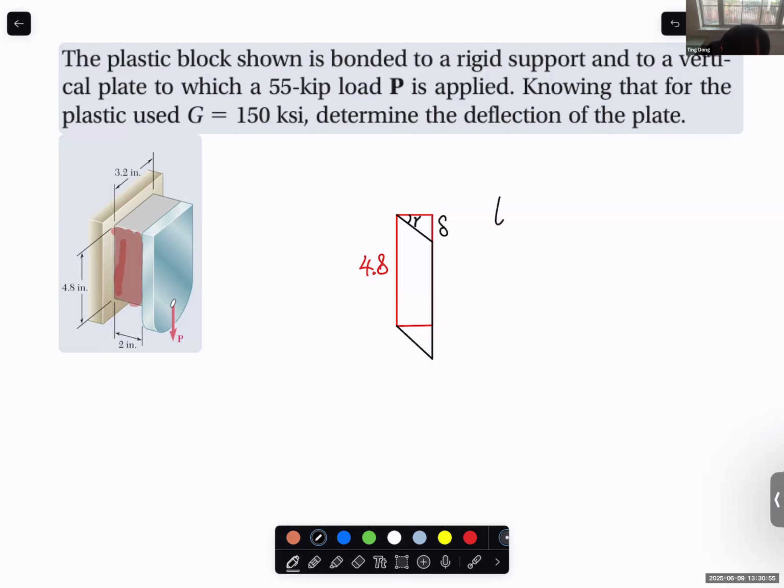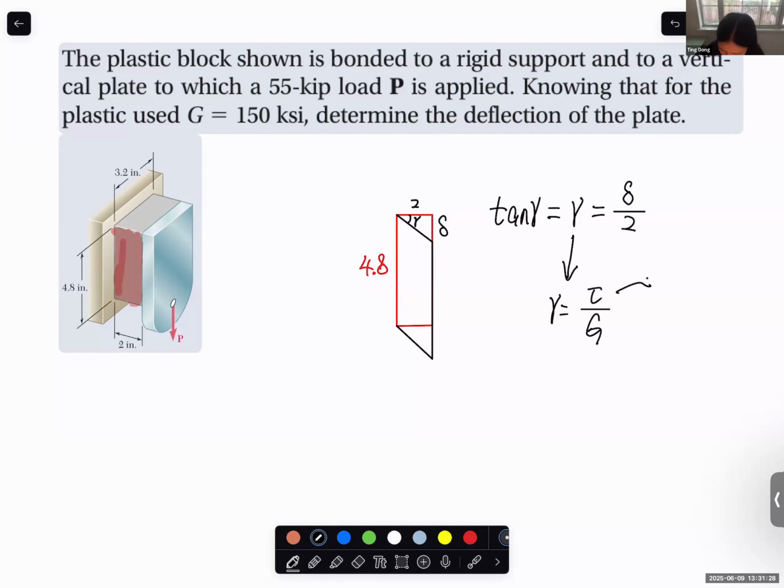We said for small deformation within proportional limit, tangent gamma equal to gamma, and tangent gamma here equal to this one over this dimension, and this dimension is 2 inch. So tangent gamma equal to delta, which is the deflection of the plate we want to calculate, over 2. And shear strain, of course, we just learned gamma equal to shear stress over shear modulus.